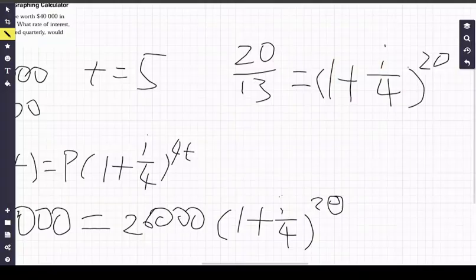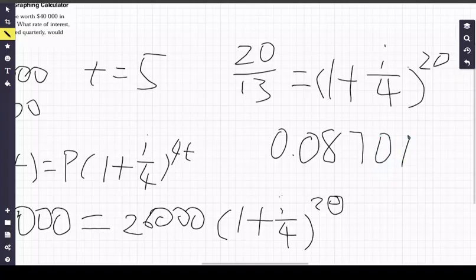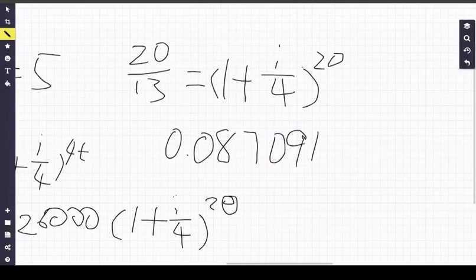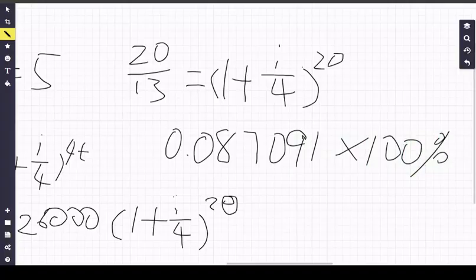0.087091. Okay, let's switch back. All right, so this is a rate. We have to multiply this by 100 to get a percent. So let's go ahead and do that. And after you do that, you're going to get 8%.